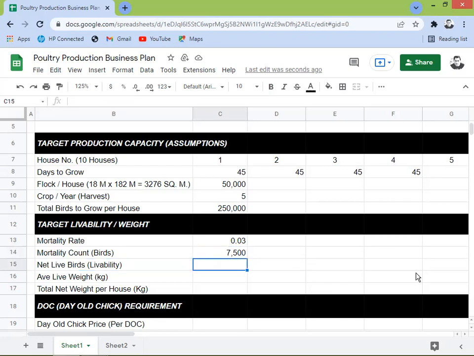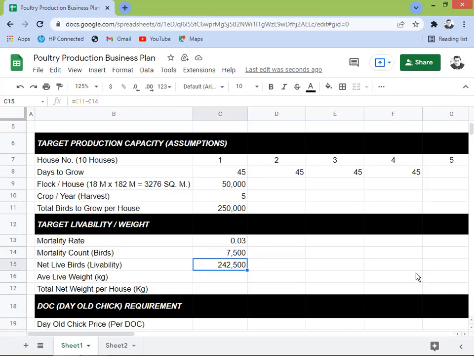So okay, we're going to have the net live birds, or liveability. What I have to do is just 250,000 minus the mortality count of 7,500. That would be 240,500 birds that are going to be harvested.